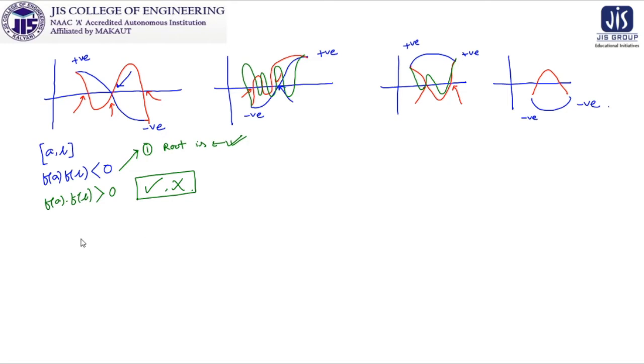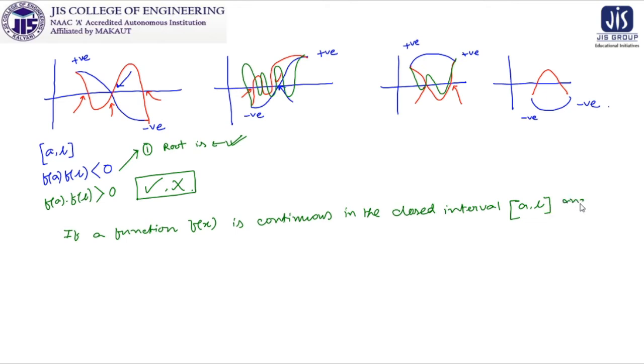depends on a theorem, and this theorem states that if a function f(x) is continuous in the closed interval [a, b], and if f(a) and f(b) are of opposite signs, that means our requirement is f(a) into f(b) less than 0.